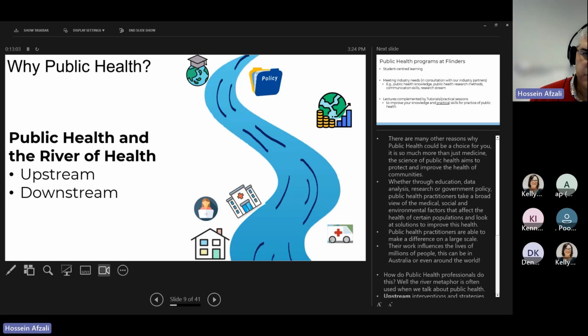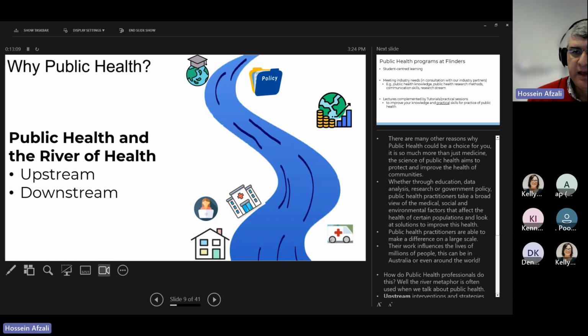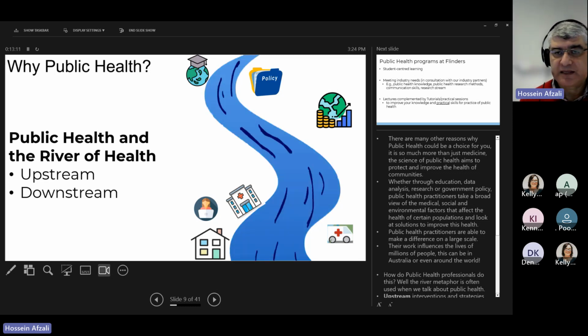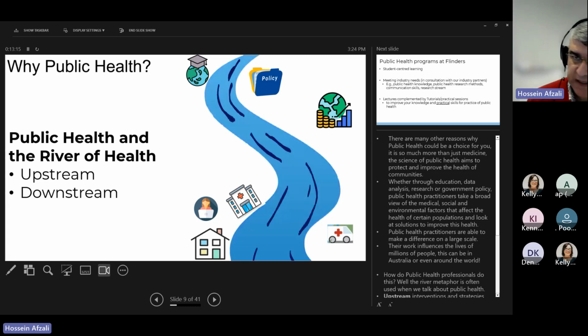We can reduce mortality, we can reduce hospital admissions due to colorectal cancer, and all these things can significantly impact the care provided by a medical practitioner or hospital, or even a clinic.